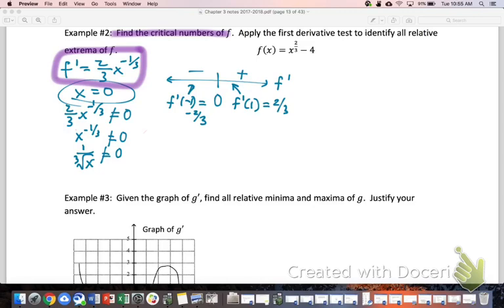Okay, so you see the sign change pattern. Let me show you my example of what a good concluding sentence would be. I'm hoping that you worked on your own.